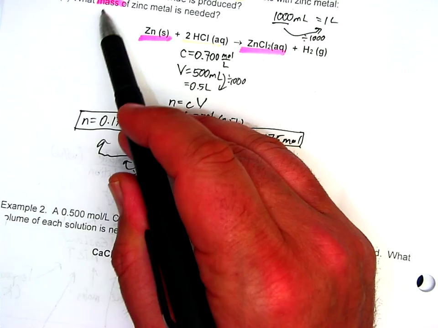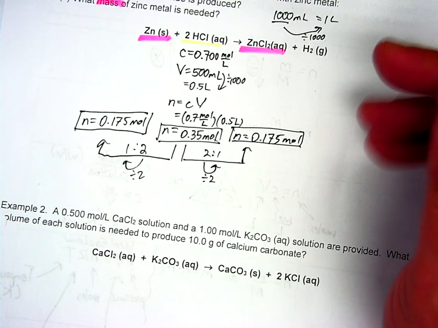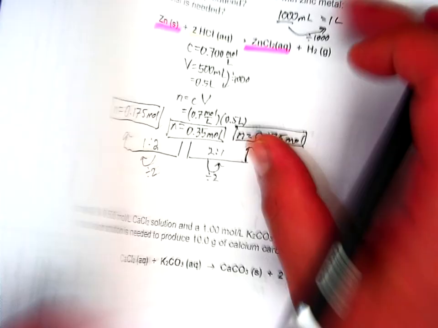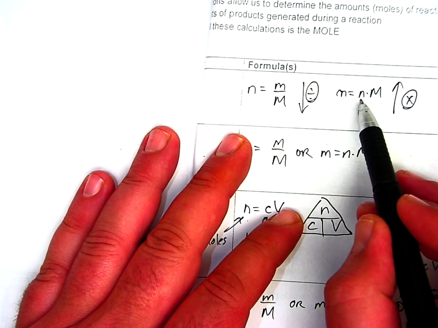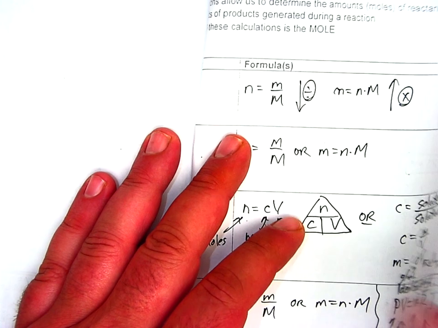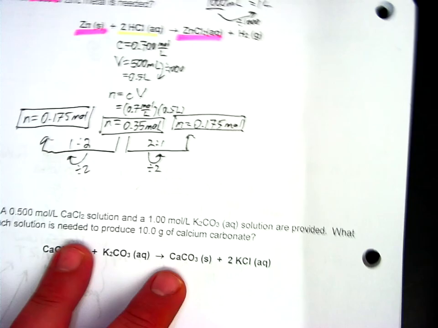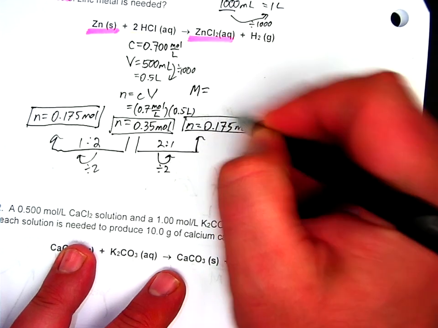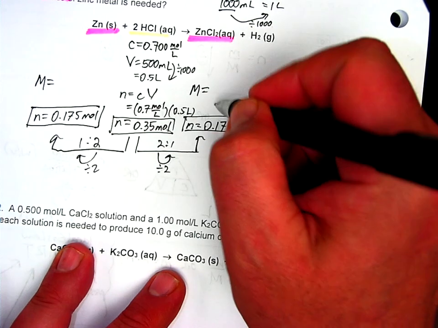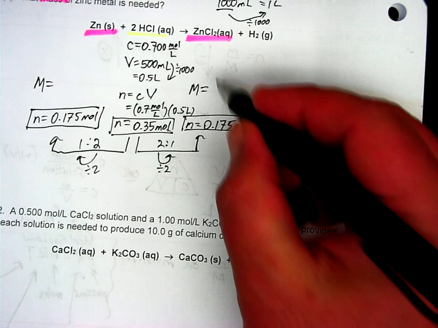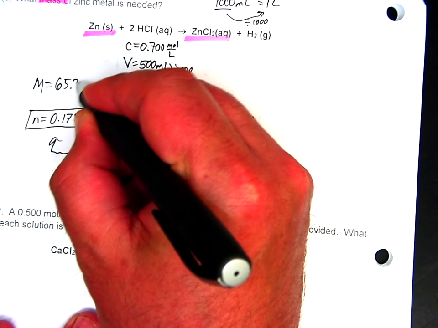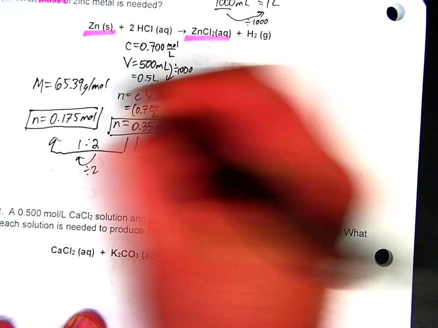So the last step is I'm finding the mass of both of these. Now, just like I did with solids or pure substances, in this case I am applying this formula. So I need the moles times the molar mass. I am going to multiply to get up the table here. So I do need their molar mass. So zinc is, I believe, 65.39 grams per mole.